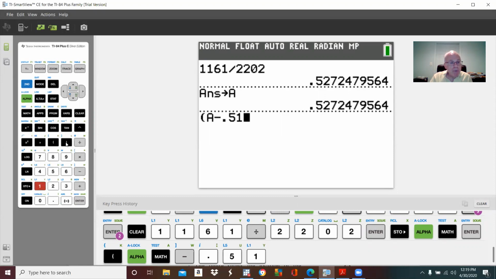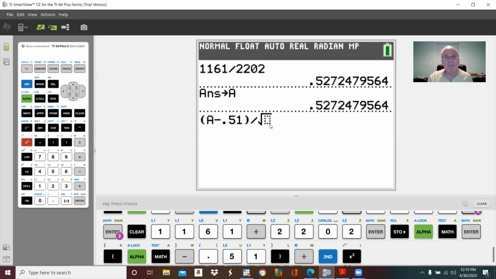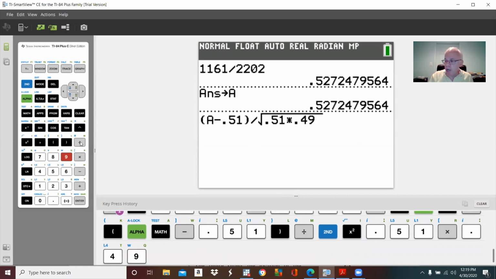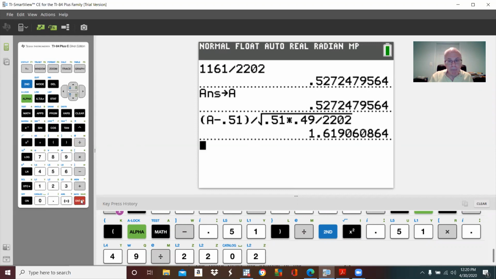Close parentheses, divide by square root. Now, what am I going to put inside here? The hypothesized proportion, 0.51. Don't put A in here, put 0.51. And I'm going to multiply that by 1 minus 0.51, which I happen to know is 0.49. And I'm going to divide this by the sample size, which is 2202. So I hit enter. And there's my test statistic.